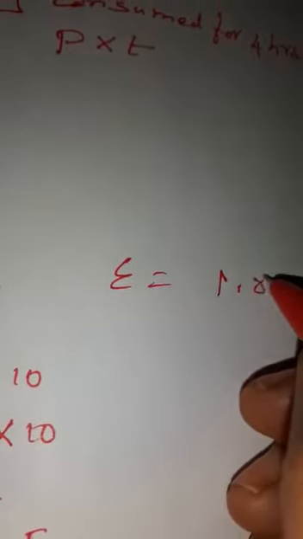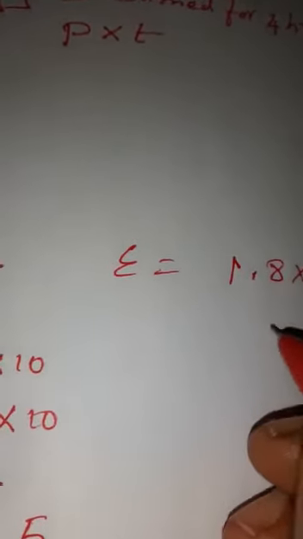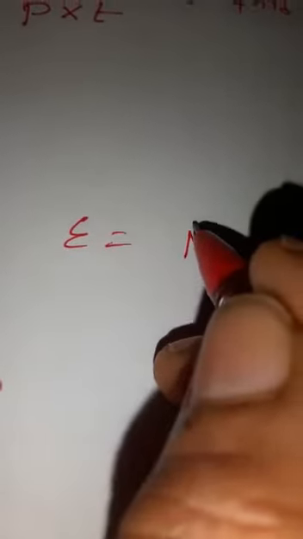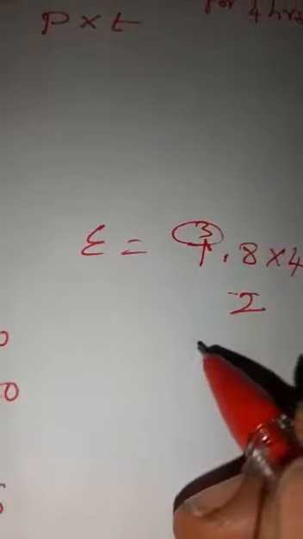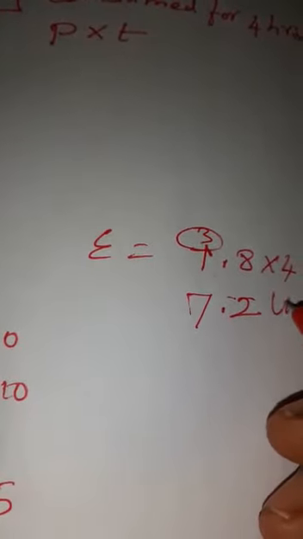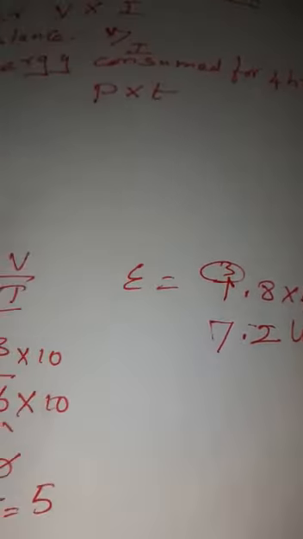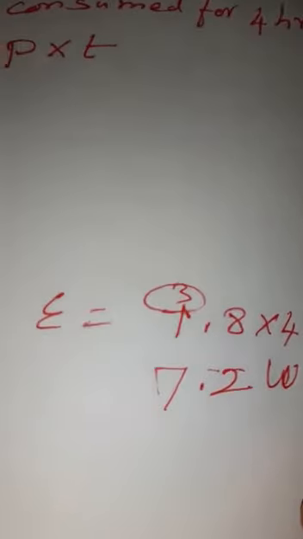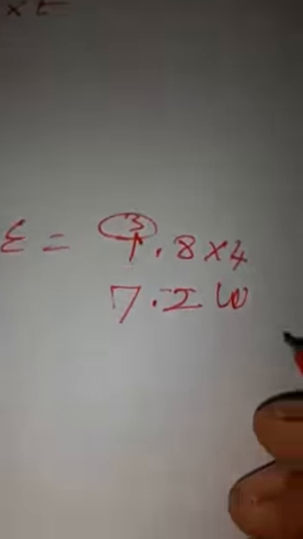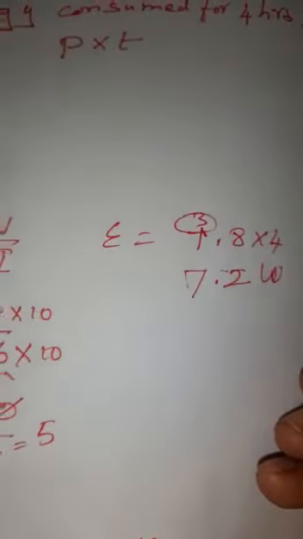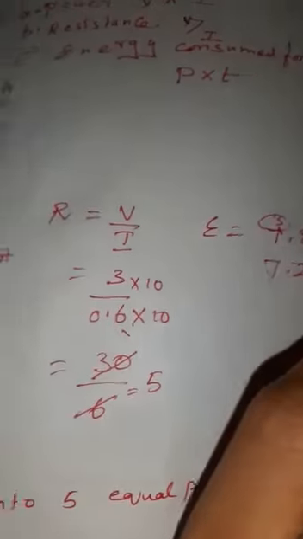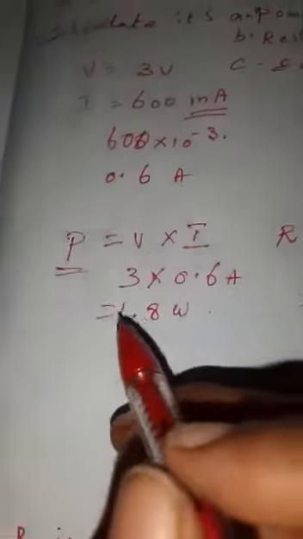So 1.8 into 4. 4 8s are 32, 2, 4 1s are 4, 5 6 7. 7.2 watt hours. Kilowatt hour they didn't ask, 7.2 watt hours, that's all.